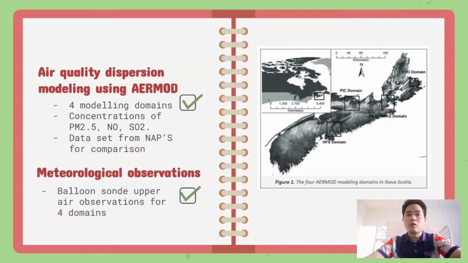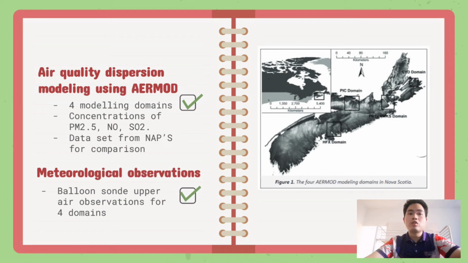The parameters observed are PM2.5, which is the particulate matter less than 2.5 microns, the nitrogen oxide, and the sulfur dioxide. The dataset was then compared with the NAPS, which is the National Air Pollution Surveillance.